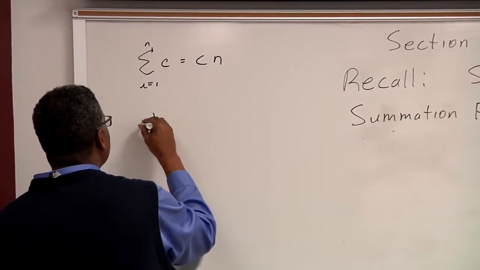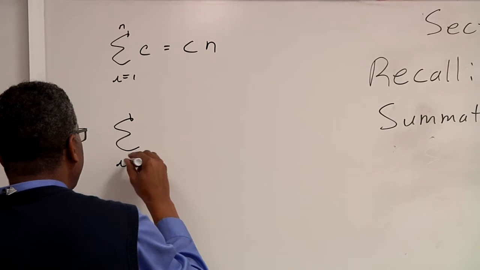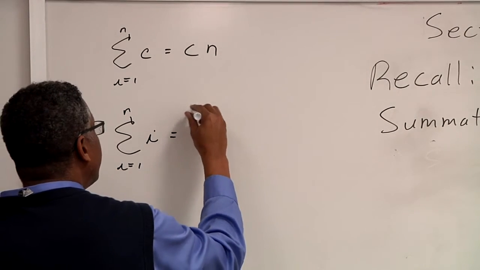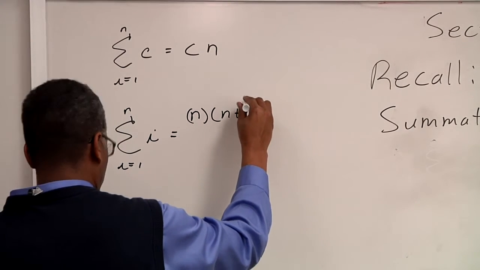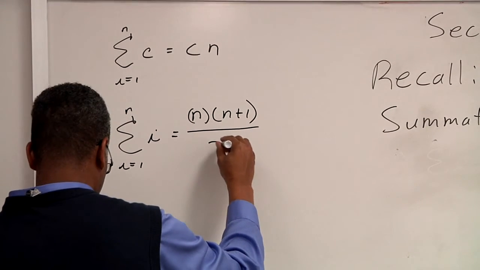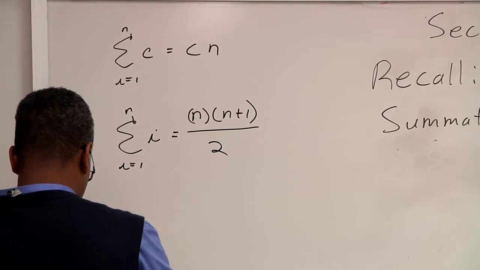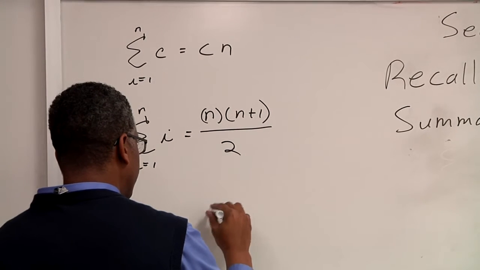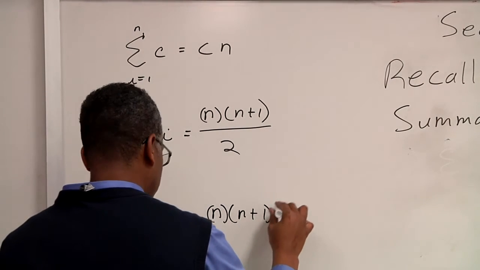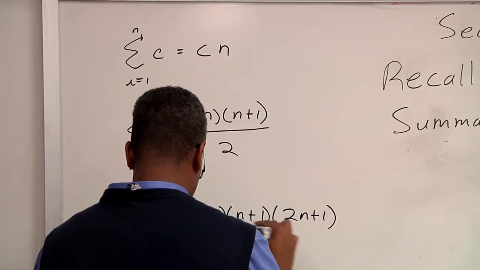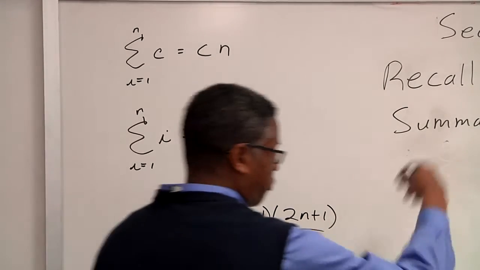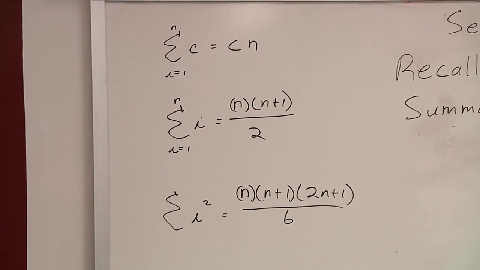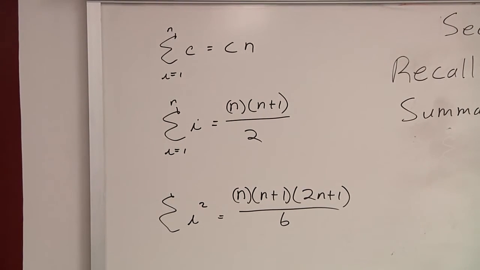And then I'm going to move another one down here: summation i equals 1 to n of i equals n times n plus 1 all over 2. And then I'm going to move the third one over here. That's going to be summation of i squared equals n times n plus 1 times 2n plus 1 over 6. So all I did was move these formulas over. We're not going to use the fourth formula for this next example, so we won't worry about that.